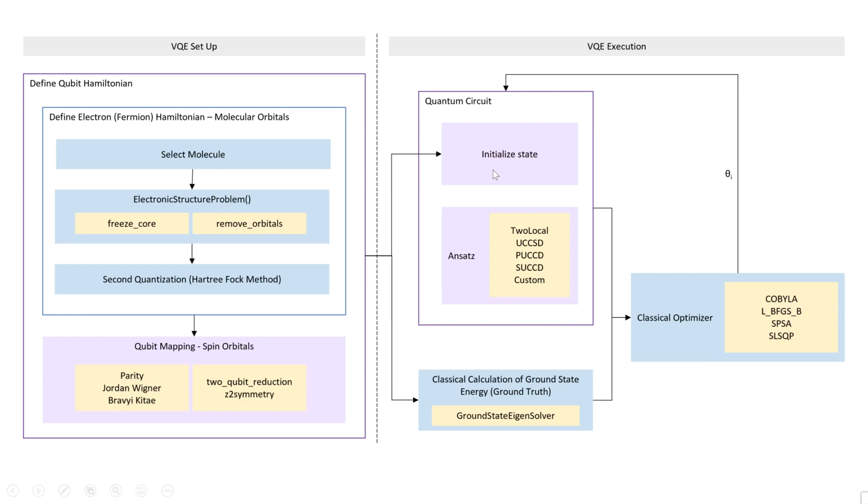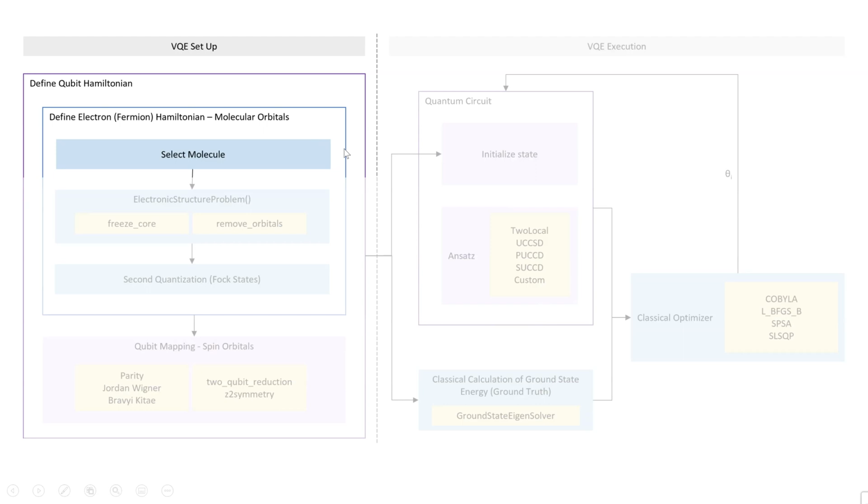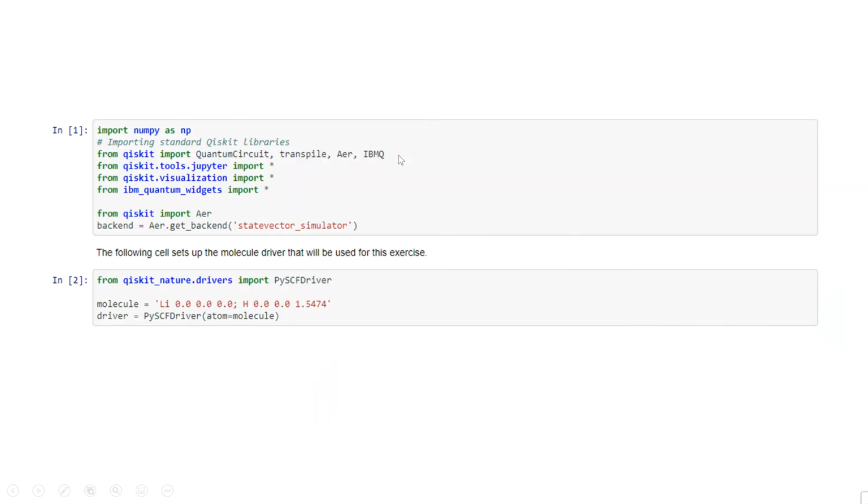The first step is to select the molecule. Quite simple. If you look at the exercise 5 Qiskit code, it has this string to represent lithium hydride and its spatial coordinates. For this particular configuration, you can load other kinds of configurations.